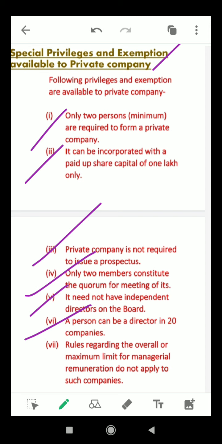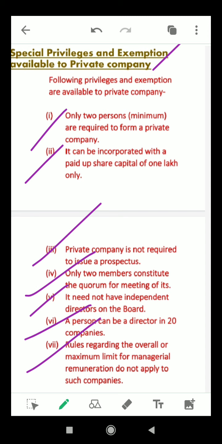Number 7 is rules regarding the overall maximum limit of managerial remuneration do not apply to such companies.